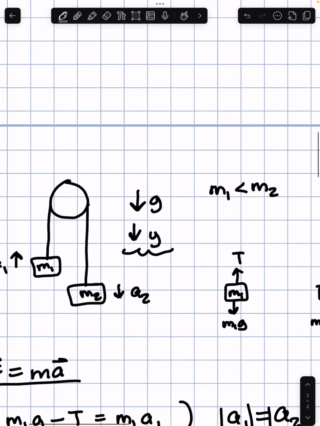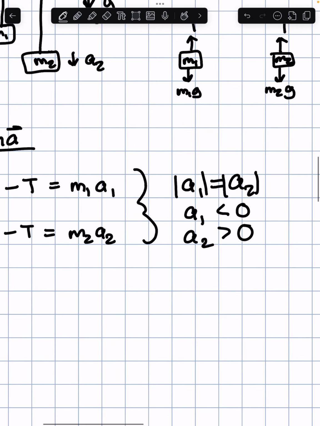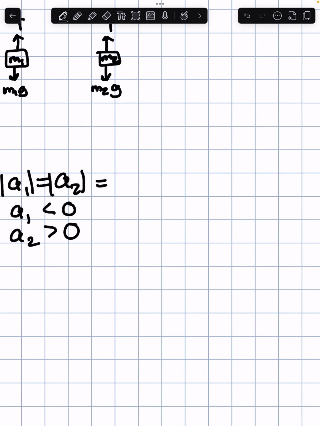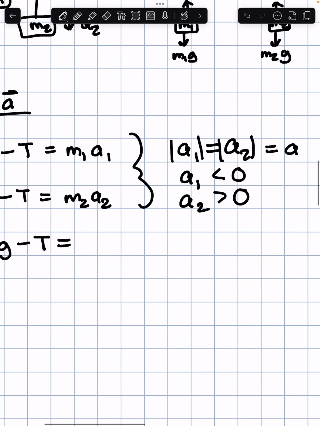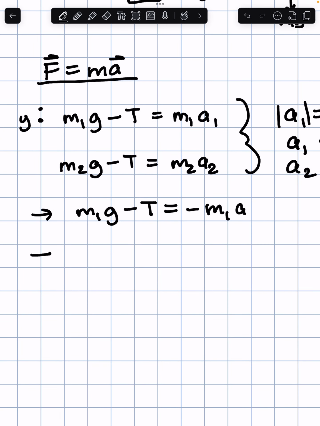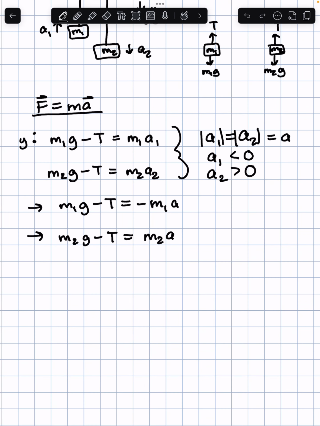Why negative? Remember that we considered our downward direction to be positive, so let's be consistent. a2 will be greater than 0. So what we can write instead is that the magnitudes will equal a, and we can rewrite this as a little system of equations: minus T equals negative M1a, and this one as M2g minus T equals positive M2a.